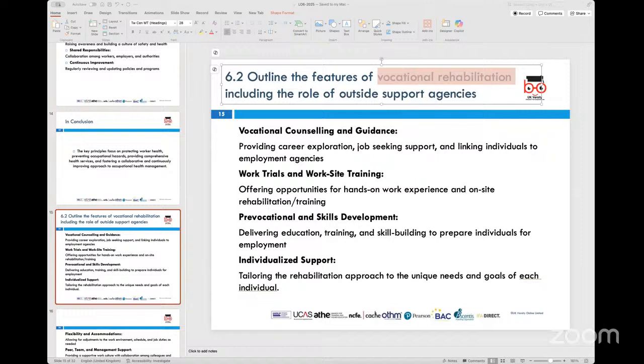Now, what we need to be able to understand in this assessment criteria is what are the key things which are included under vocational rehabilitation. So this includes things like comprehensive assessment of the premises. It includes things like goal setting.